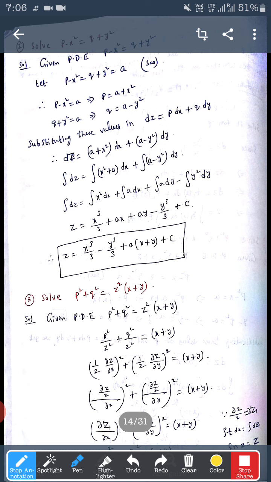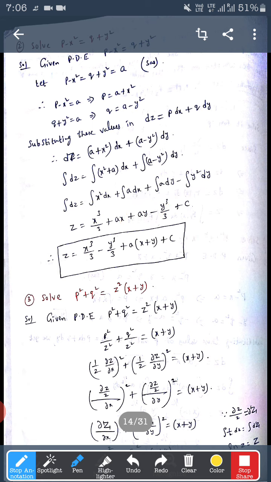Further simplifying, this becomes integral x square dx plus integral a dx plus integral a dy minus integral y square dy. Here I am applying the x power of n formula. Integral a dx becomes ax and integral a dy becomes ay, and integral y square dy means y cube by 3, plus c. Further simplification, we get z is equal to x cube by 3 minus y cube by 3 plus a into x plus y plus c. So this is the solution.